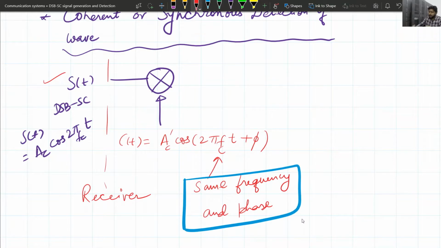Then you can see this fc must be the same. That means the local oscillator at the receiver must have the same frequency as well as phase. The phase must also be the same as that of the carrier wave used to generate the DSB-SC signal.